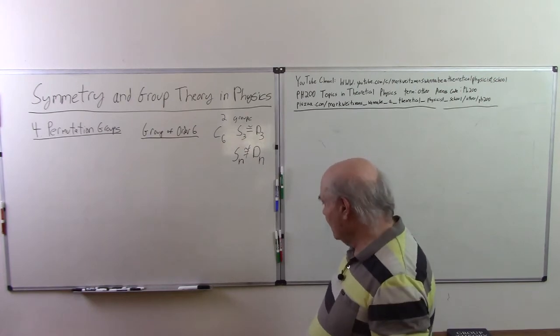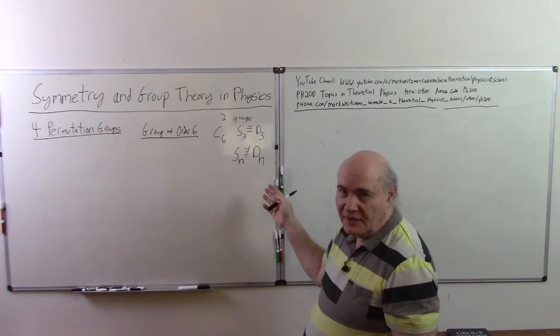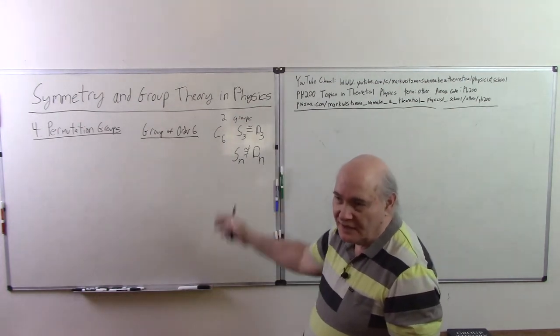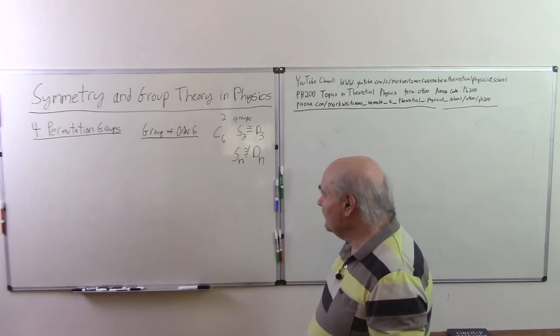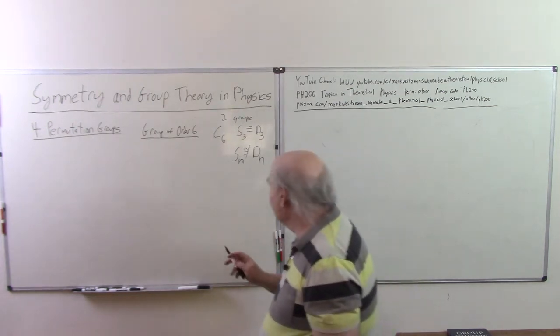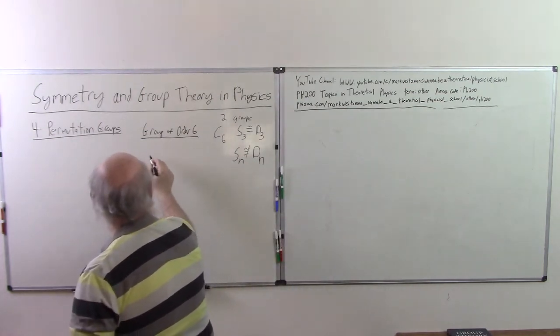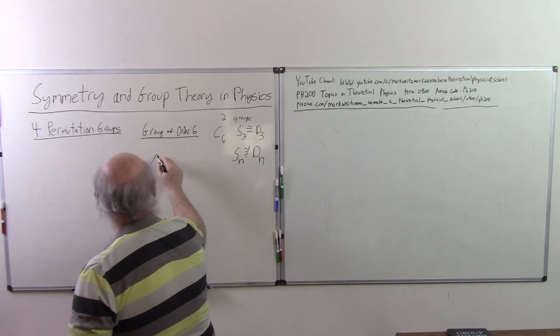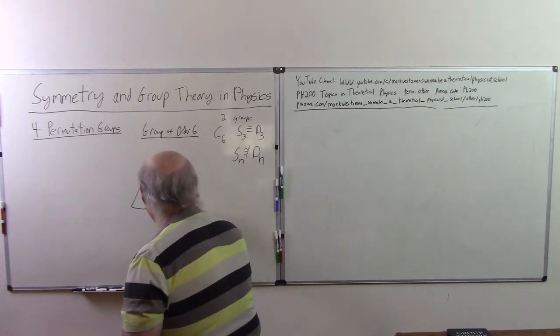Now, rather than listing out the elements in the multiplication table and going through that A, B, C, D, E, F, and all that stuff, we're going to start getting more physical on these groups. Probably should have done that earlier. So, in the case of a group of order 6, the easiest way to understand it is imagine you have an equilateral triangle in the plane.